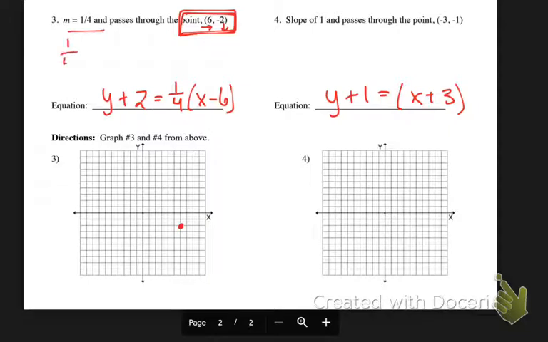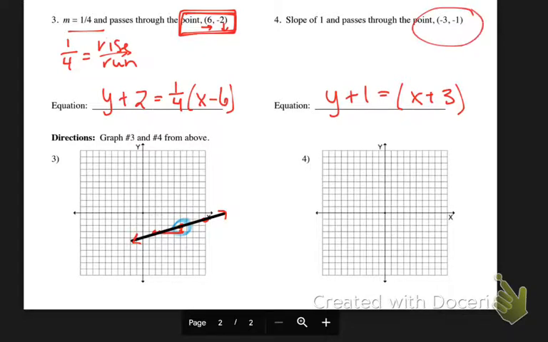So your slope is 1/4. So we're going to rise 1 and run 4 from that point. So up 1/4. It looks like I'm going to go off the graph here. So I'm going to go backwards from my original point, and I'm going to go down 1 and over 4. Connect your dots and your arrows.